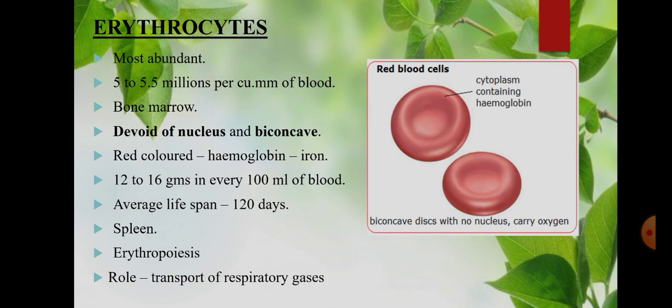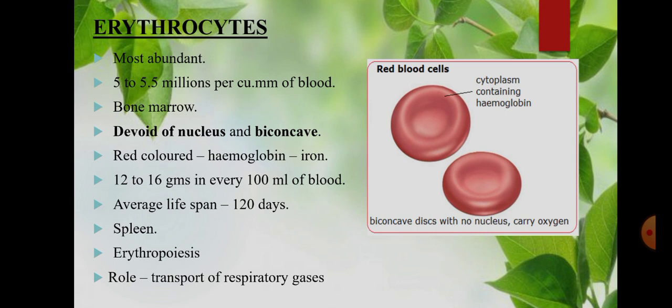It is due to the presence of an iron containing complex protein called hemoglobin. So RBCs are red colored because of the presence of an iron containing complex protein called hemoglobin. A healthy individual should have 12 to 16 grams of hemoglobin in every 100 ml of blood.